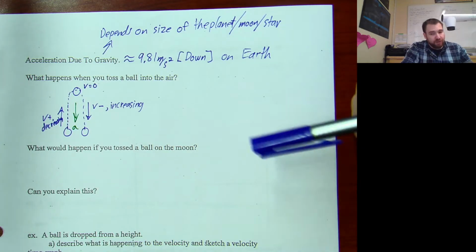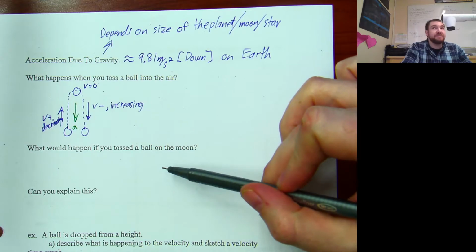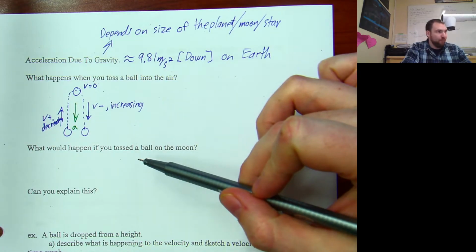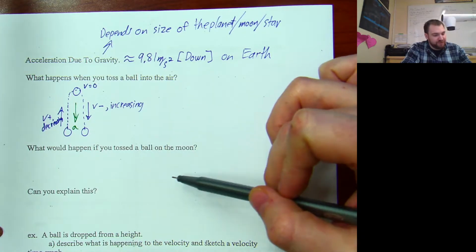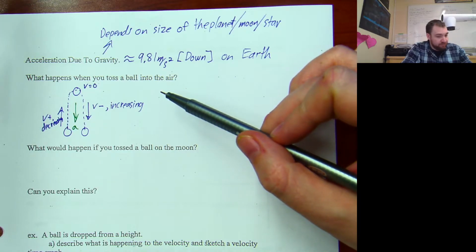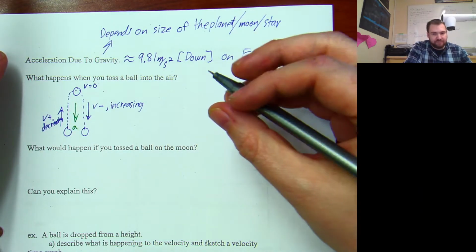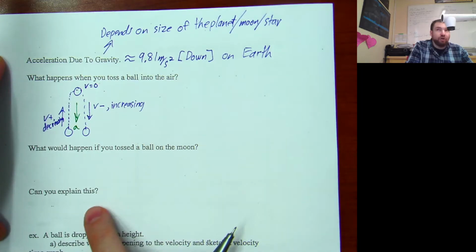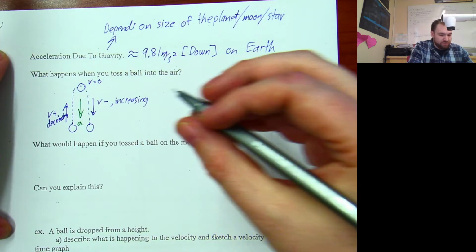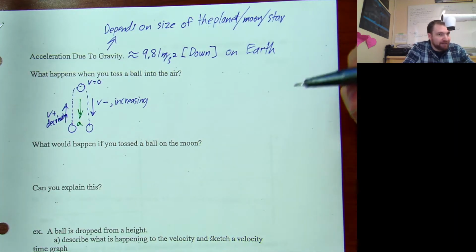So on the moon, this whole thing happens the same way, but what's different about the moon versus the Earth? The acceleration is different. So what's that going to look like practically?